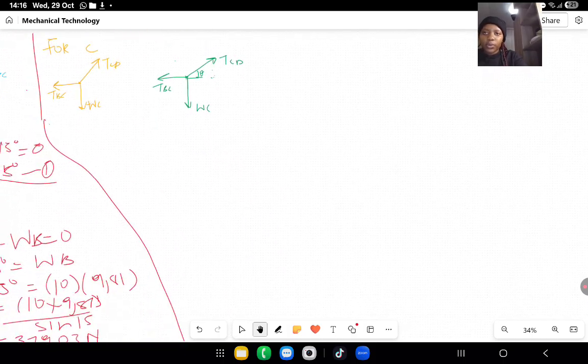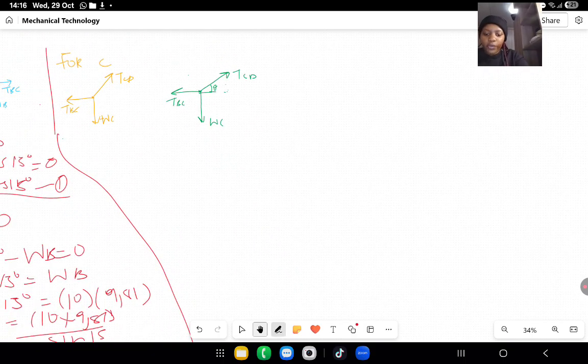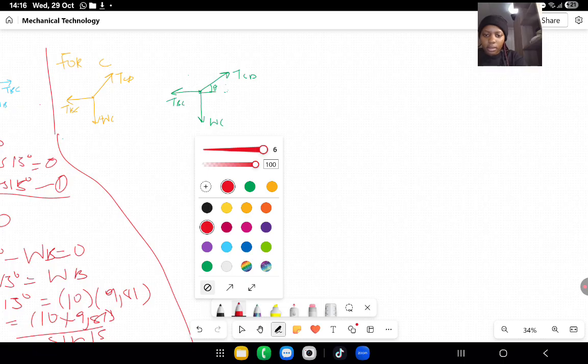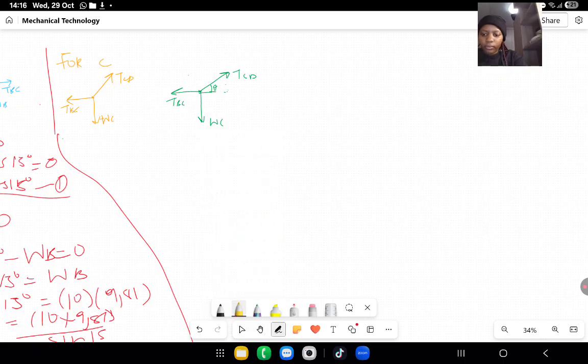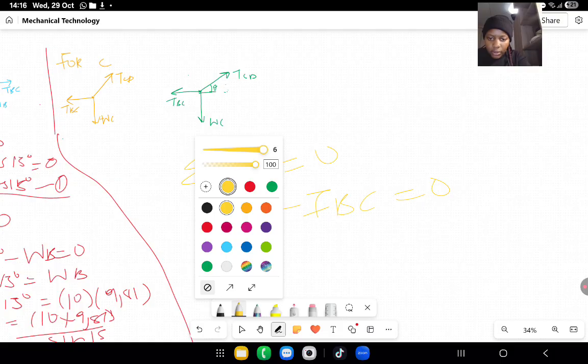This side we will start with the sum of the horizontal forces. So we'll say the sum of the horizontal forces is equal to 0. FCD minus FBC equals 0. This color I think is not that visible.